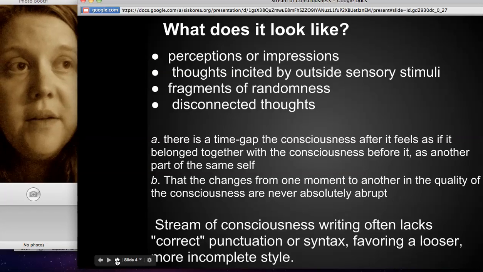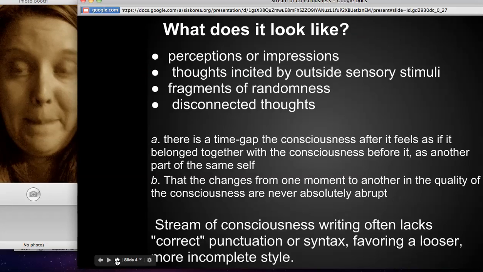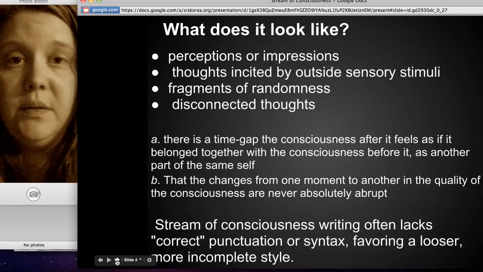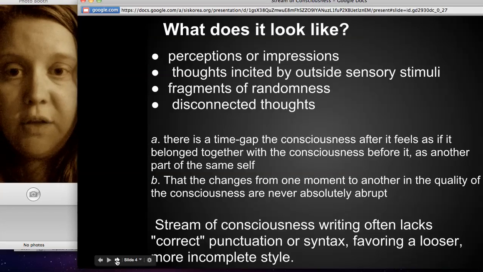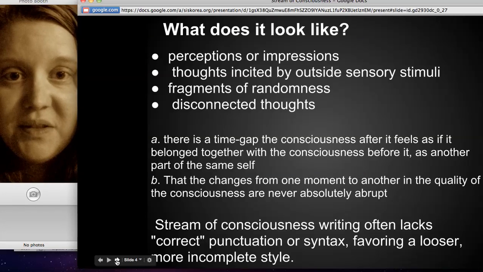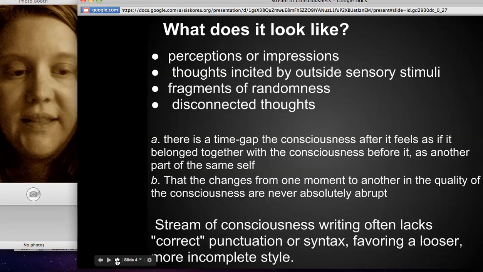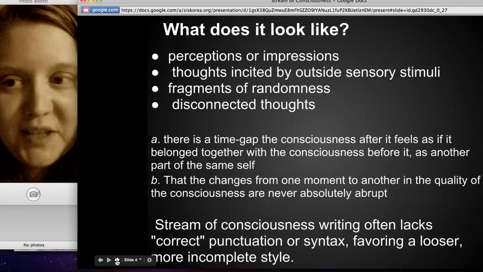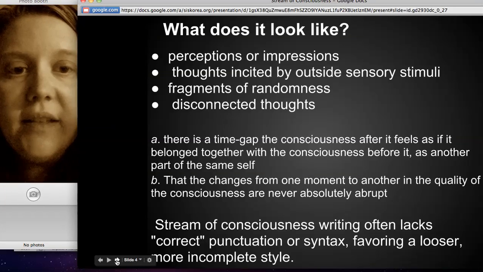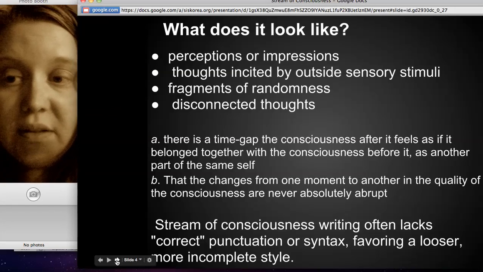To understand a person better, you need to, as they say, walk a mile in their shoes. Stream of consciousness allows you to do that through the impressions that the character is getting while walking down the street. The thoughts are incited by outside sensory stimuli.